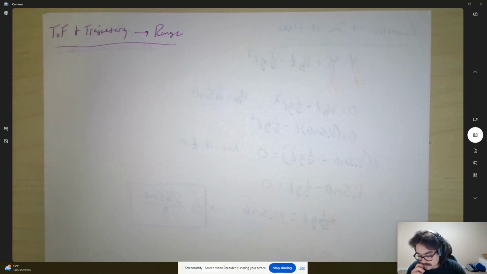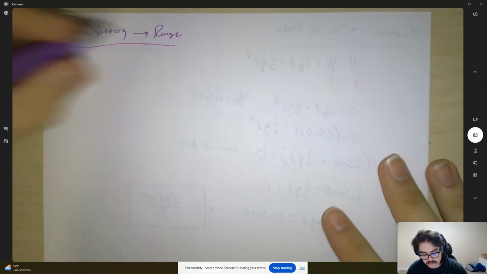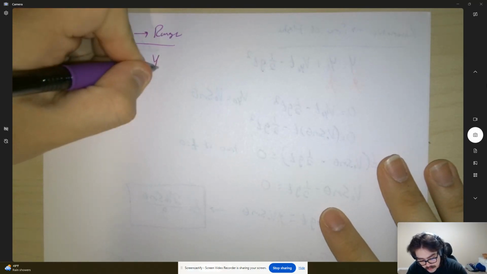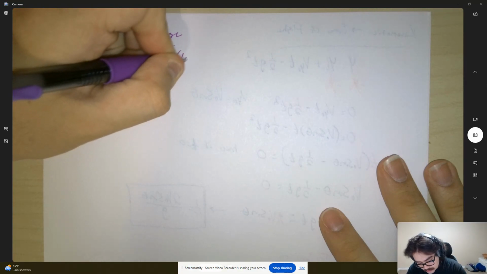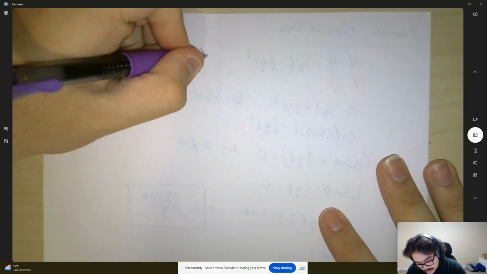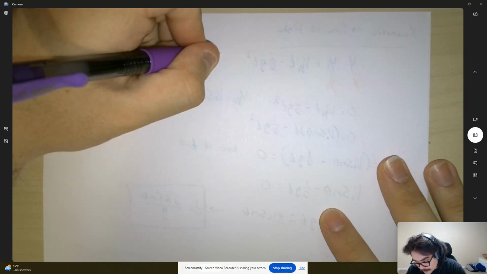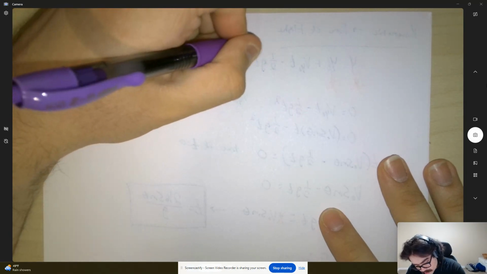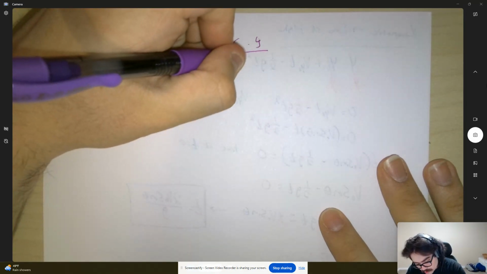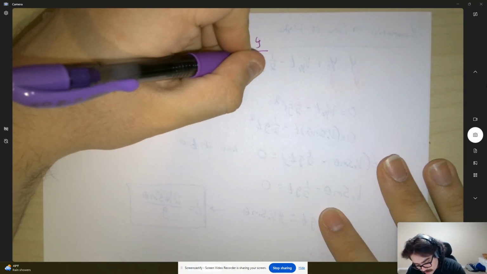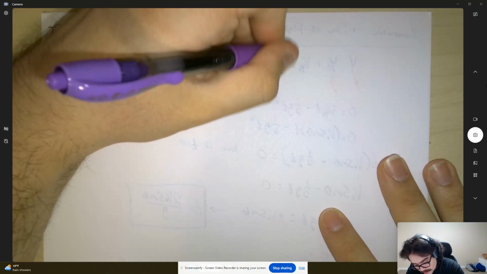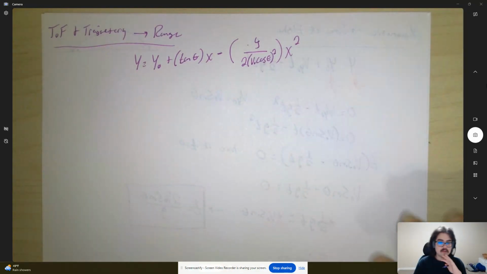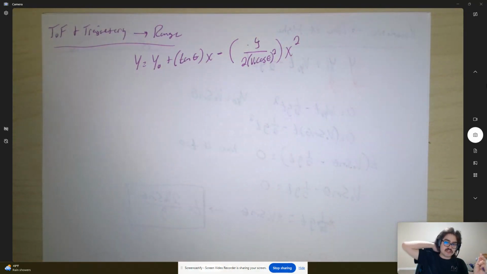I'm going to start with the trajectory equation, y equals y naught plus tangent theta x, minus g over 2 v naught cosine theta squared, times x squared. So there's my trajectory equation.